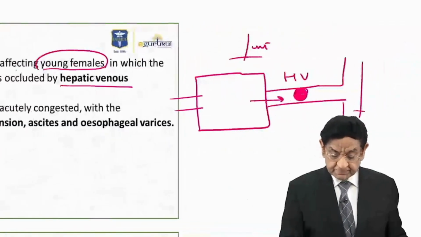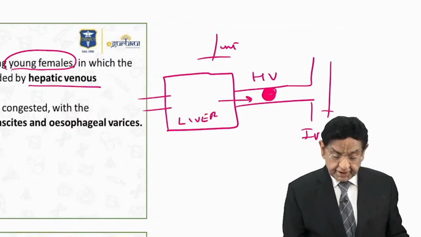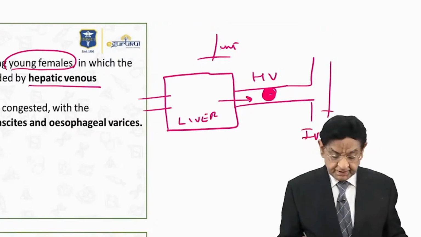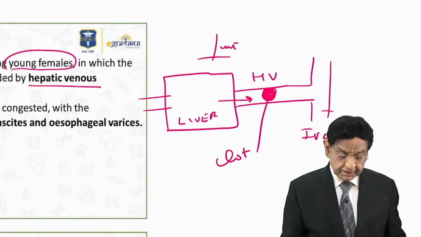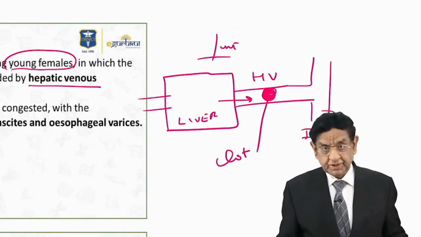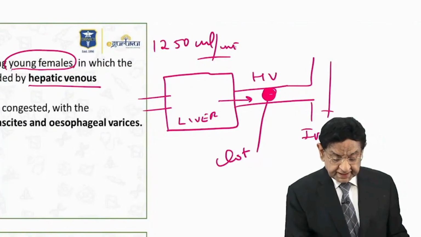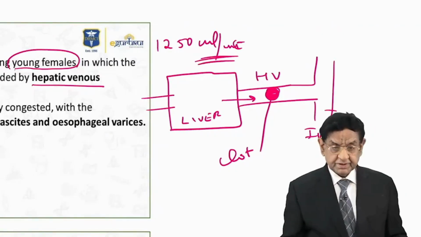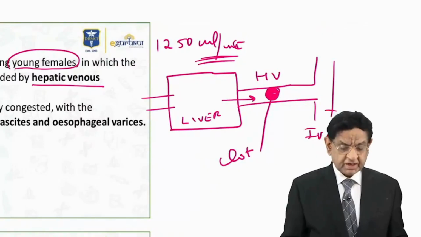So let's learn this, the liver. Here is the hepatic vein and here is the clot. Just to inform you, the liver gets about 1250 ml of blood every minute. That means the liver gets around 25% of the cardiac output.